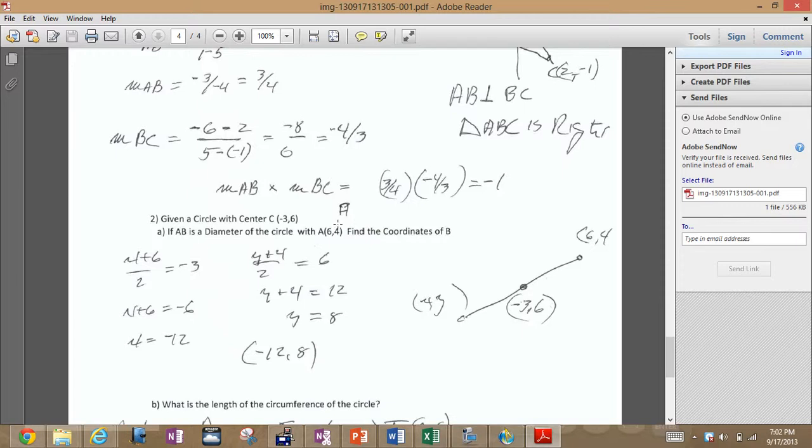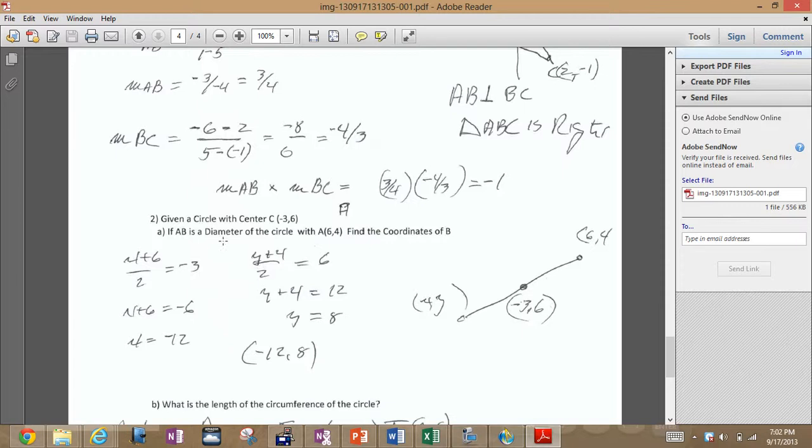Here, again, a sketch can always prove helpful. So with the sketch, it says that C is the midpoint. C is not an endpoint. So one of the endpoints is at 6,4. The other, B, is unknown. So we tag that as x,y.